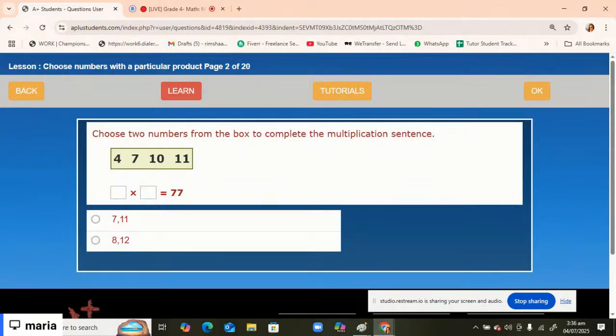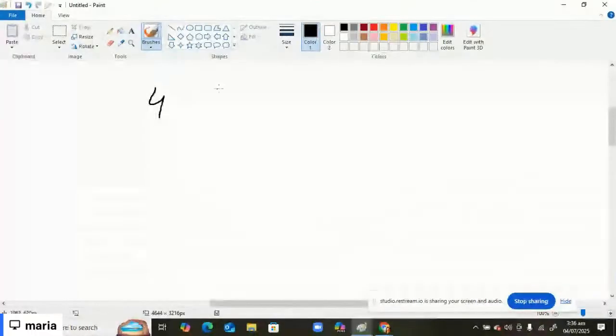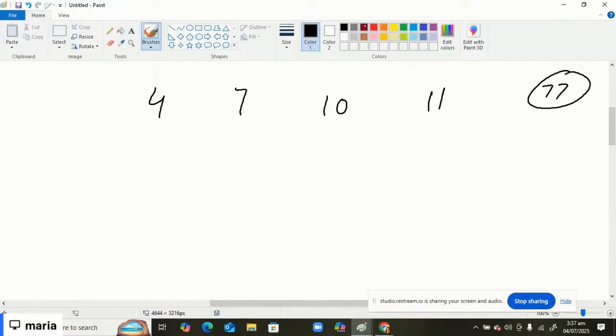Choose two numbers from the box to complete the multiplication sentence. 4, 7, 10, 11. Now you guys tell me the answer of this. We want to make 77. Which two numbers should we multiply to get the answer 77?